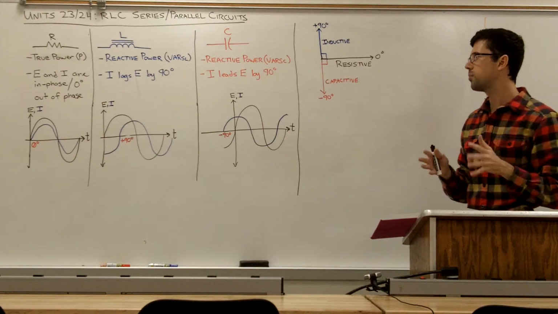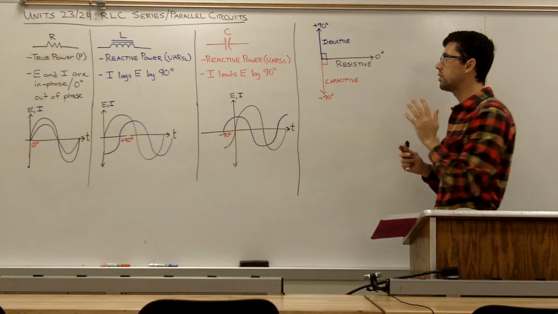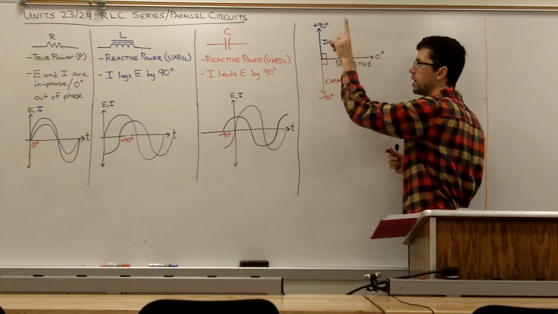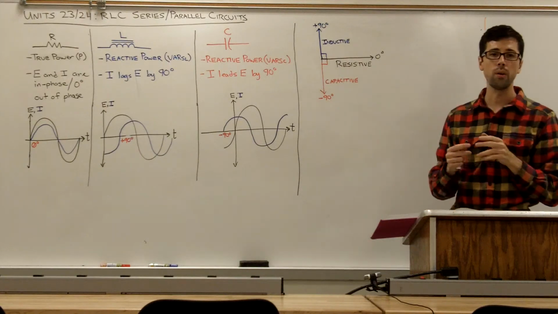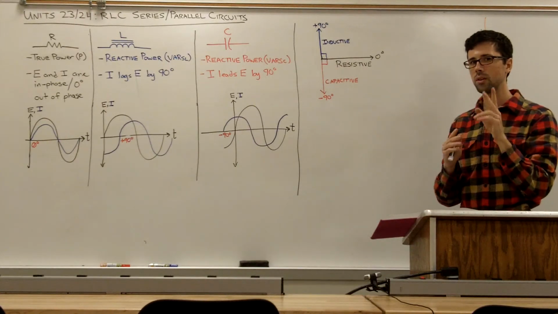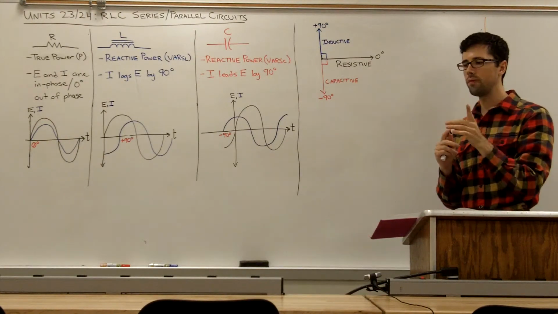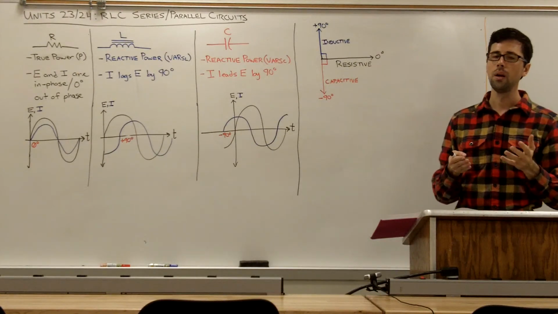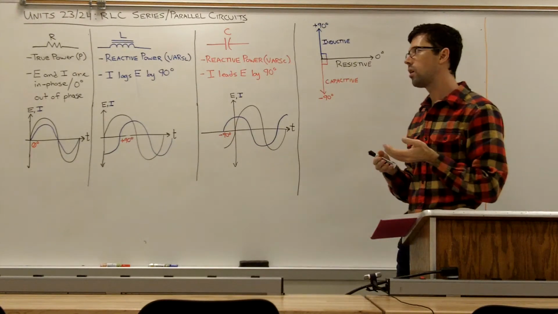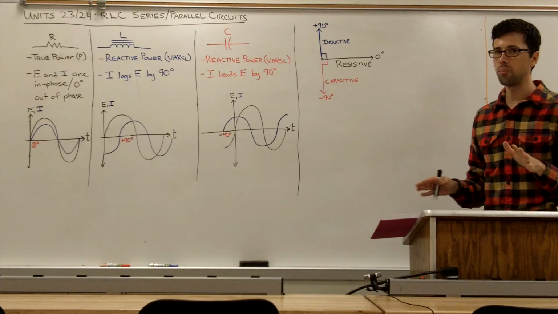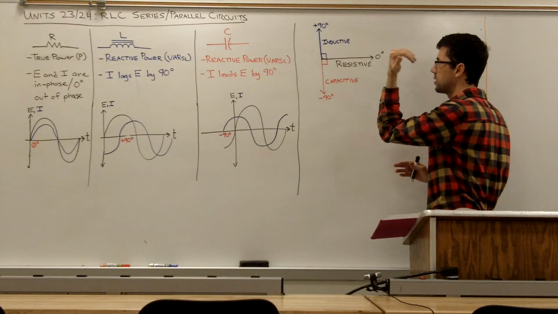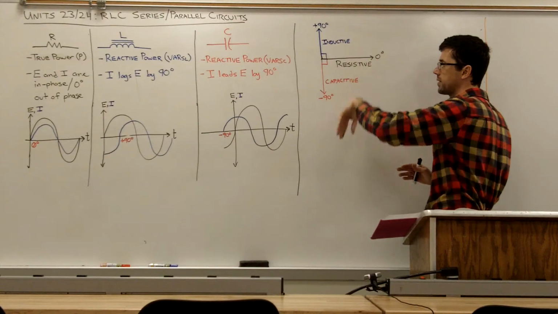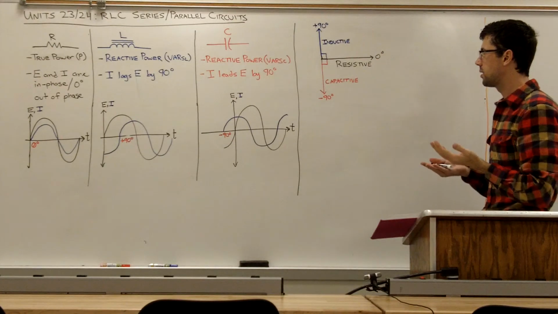To keep things simple, we can treat all inductive values as a vector pointing up and all capacitive values as a vector pointing down. Like I said, there is that slight difference with the current vectors, but it's not going to matter mathematically when we're actually solving these circuits. Just to keep things simple in this class, we keep all inductive values at positive 90, all resistive values at 0 degrees, and all capacitive values at negative 90 degrees.